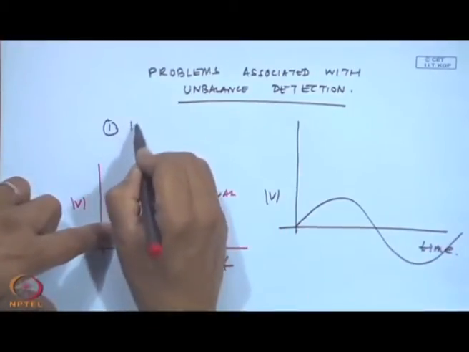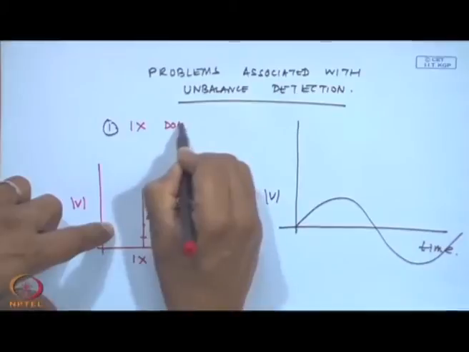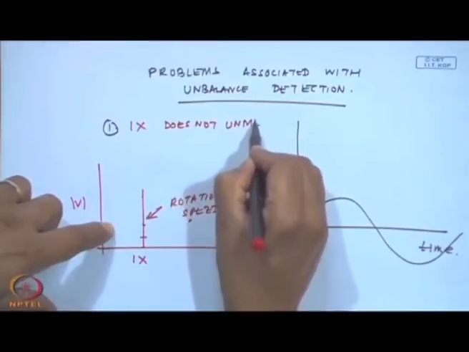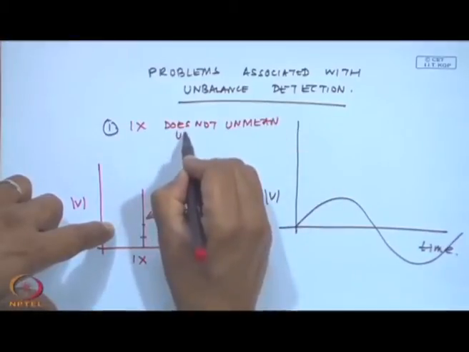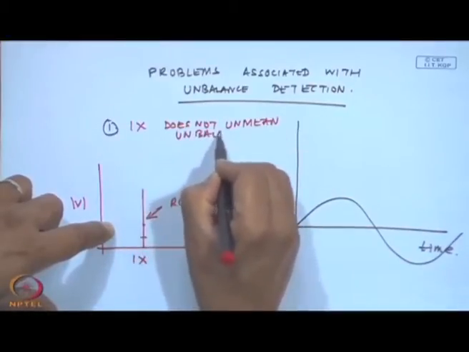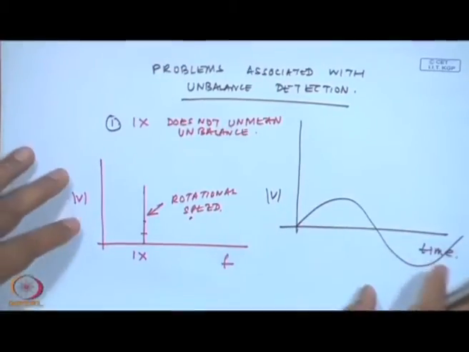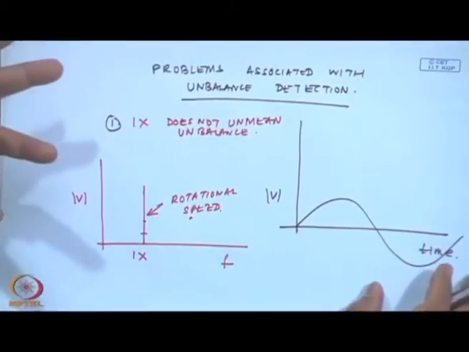So, 1x does not mean unbalance. This is very, very important, because the reasons for 1x are many. It is the fundamental rotational speed.